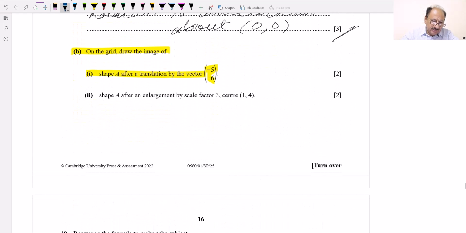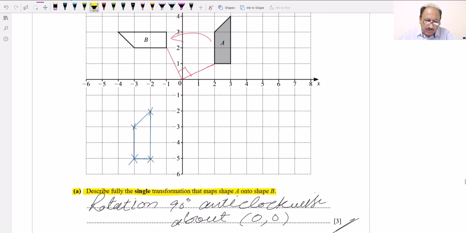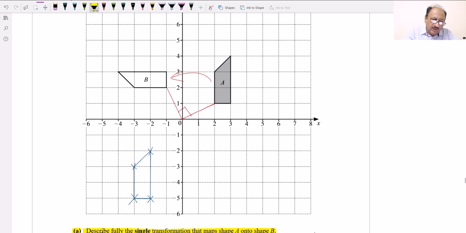So next, the second part says shape A after an enlargement of scale factor 3, center 1 4. So the center is 1 4. First of all, we reach the center 1 4. The center is this one. I will change the color. From this point we will be drawing the lines.